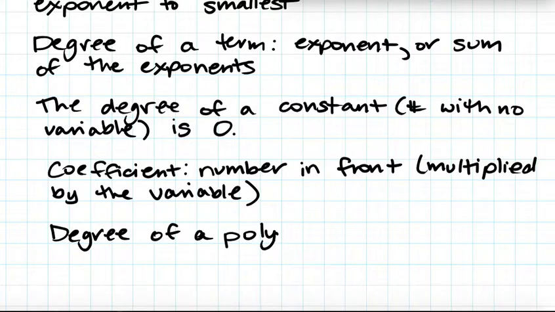Now, for a term, the degree is the exponent of that term or the sum of the exponents on that term. For a polynomial, the degree is the greatest degree of any term in the polynomial.